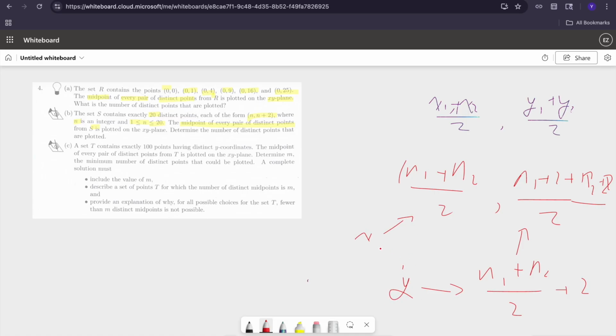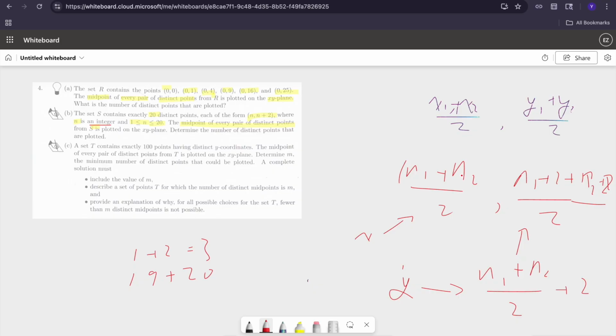Based on the question, we know n is an integer between 1 and 20. So the smallest value of n1 plus n2 is 1 plus 2, which is 3, and the biggest is 19 plus 20.